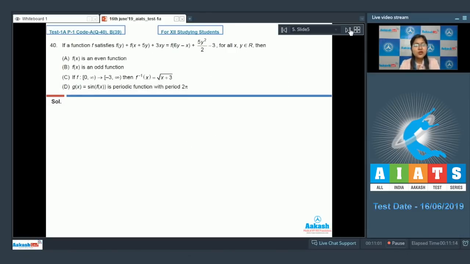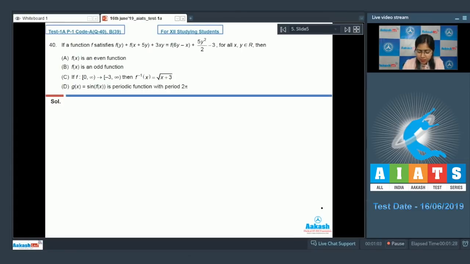Next is question number 40, which says that if a function f satisfies f(y) plus f(x plus 5y plus 3xy) is equal to f(6y minus x) plus 5y square upon 2 minus 3 for all x, y belongs to R, then we have to answer the following questions.